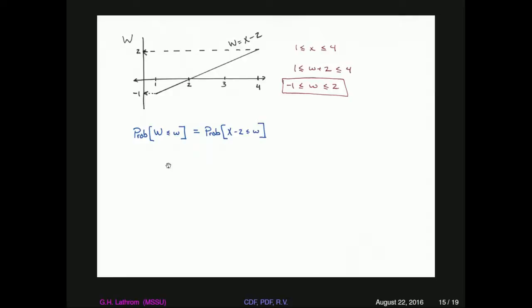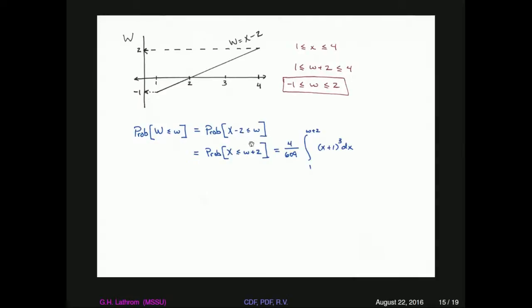And so now if I want the probability that capital W is less than or equal to little w, so I'm looking for the cumulative distribution function for capital W. Well, that's going to be the probability that capital X minus 2 is less than or equal to little w.